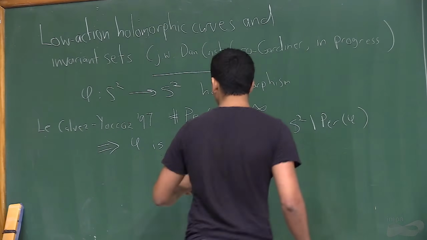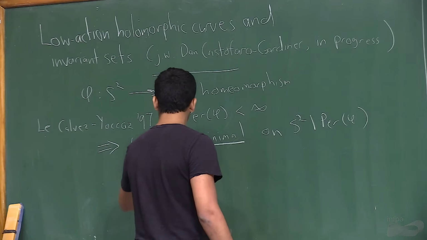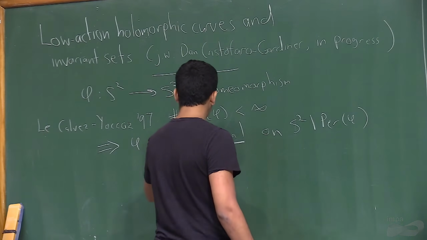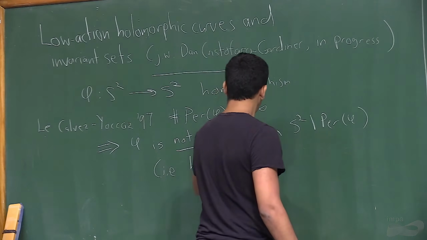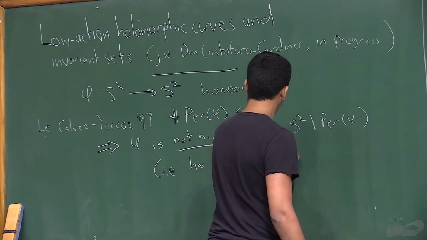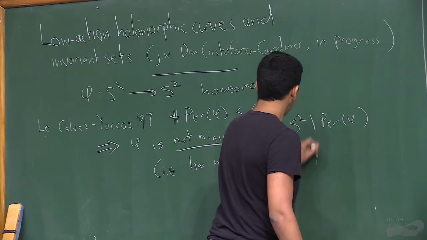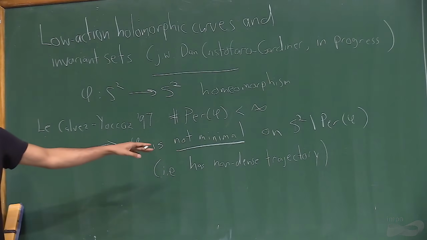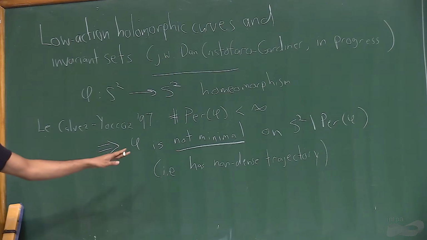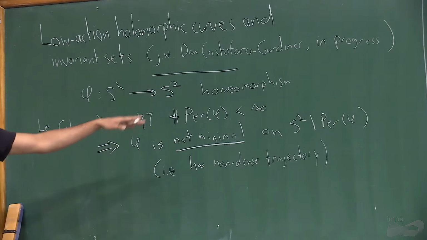And by not minimal, what I mean is it has a non-dense trajectory. So in other words, if you take the closure of this non-dense trajectory, you get some kind of new invariant set, which is not any one of the finitely many periodic points of phi.